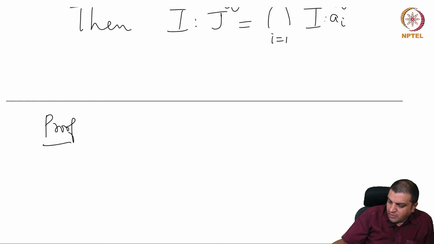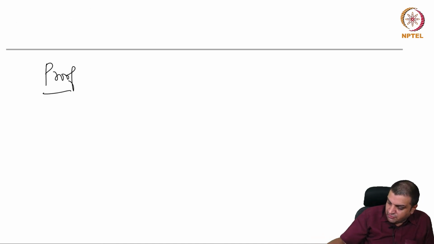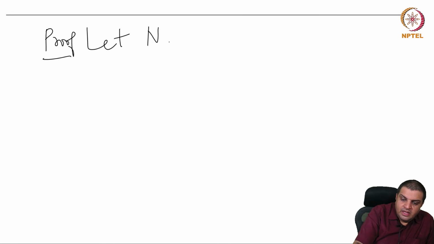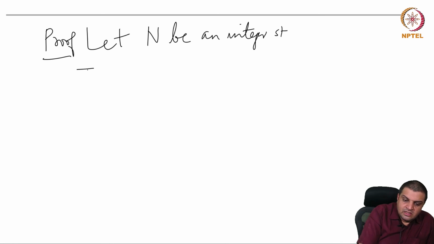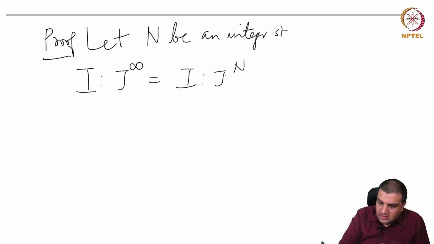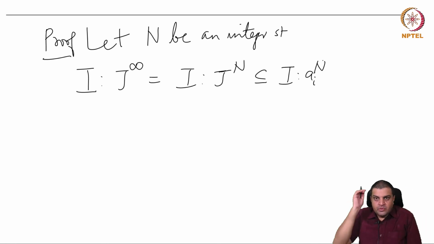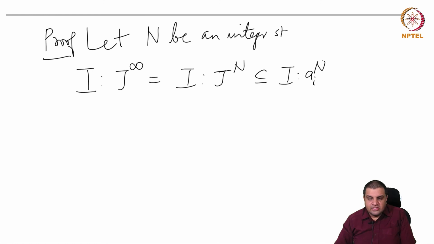So recall from our earlier discussion that this is actually equal to I colon J to some fixed, large enough power. So let n be an integer such that I colon J infinity is I colon J to the n. But anything that multiplies J to the n will also multiply ai to the n, because ai to the n is inside J to the n.